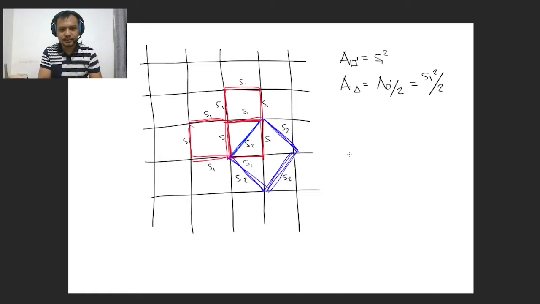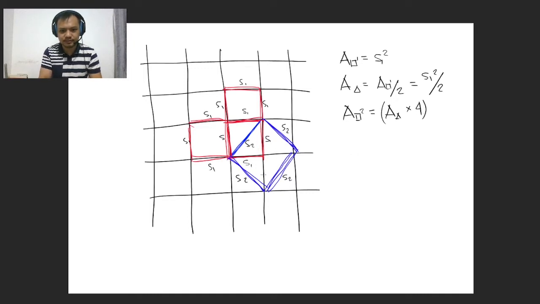Okay? So now we have a new equation to work with. When he created this new square, which we're going to call area of square 2, what happened was that became the area of the triangle times 4, right? Area of the triangle times 4. Because why?